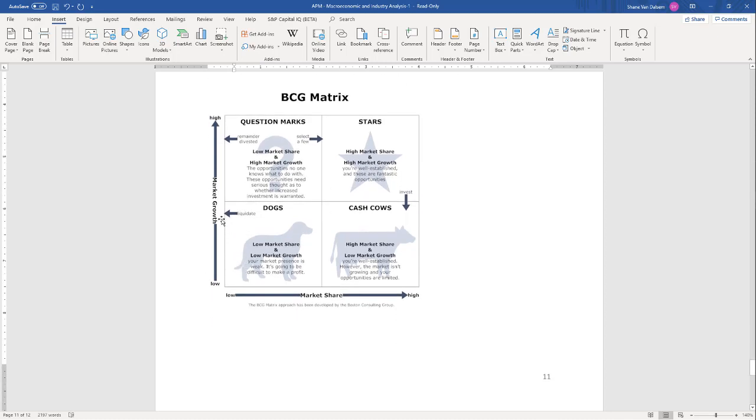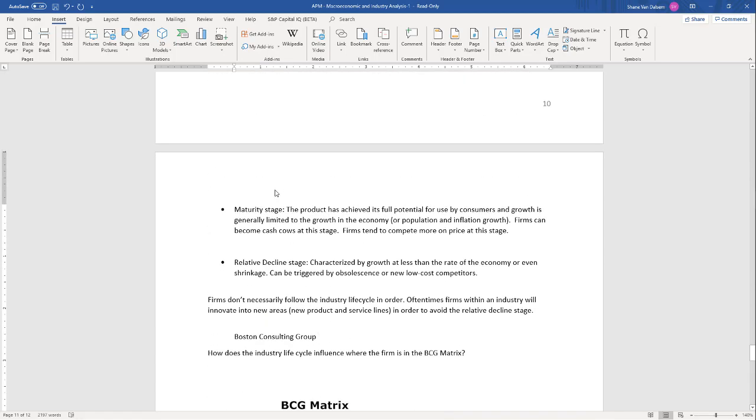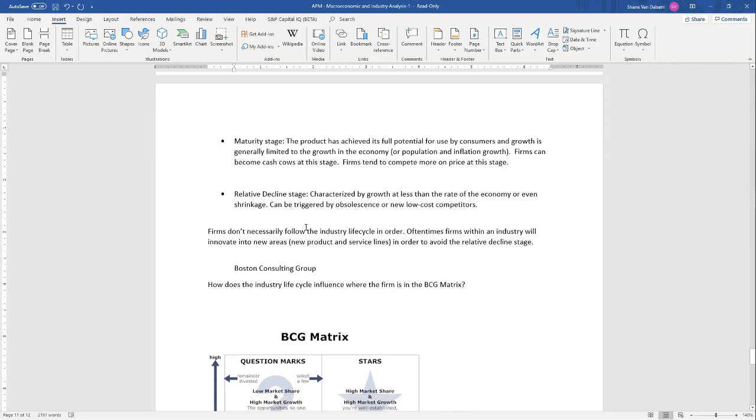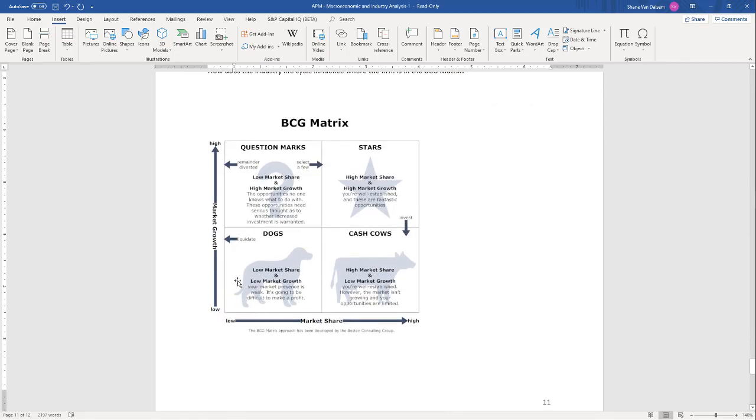For industries that have low market growth, so they're kind of slowing down, maybe in the mature stage of the industry life cycle, the firms within that industry can be dogs, low market share and low market growth. So they're probably going to be going into decline, those firms are. Or they can be cash cows. They can have high market share and low market growth.